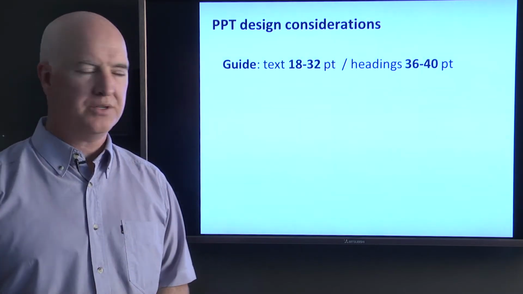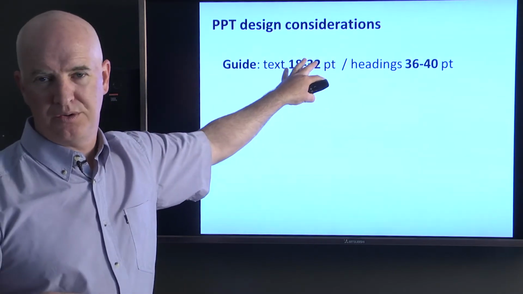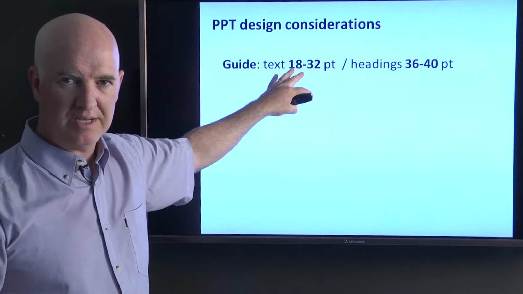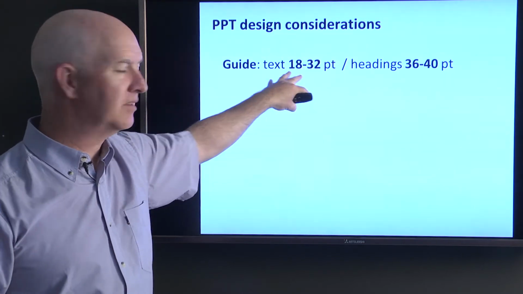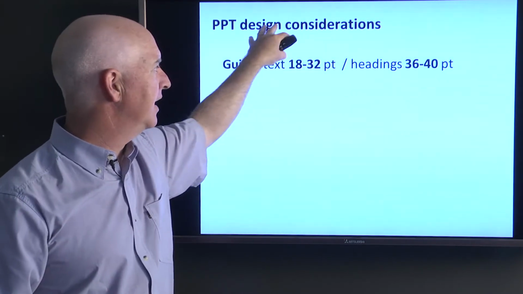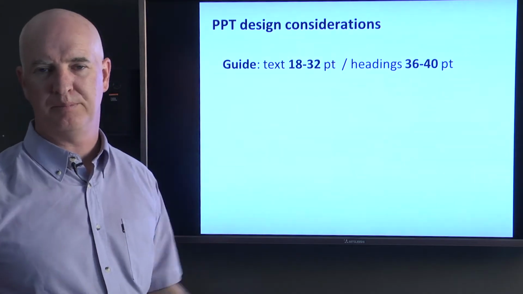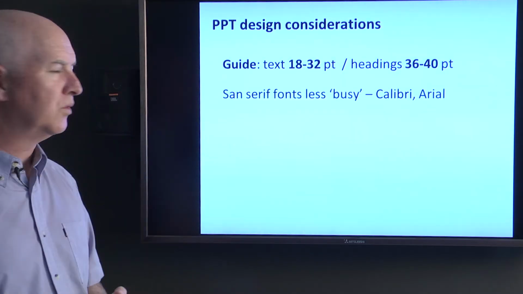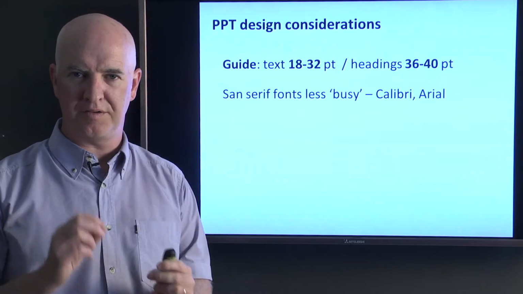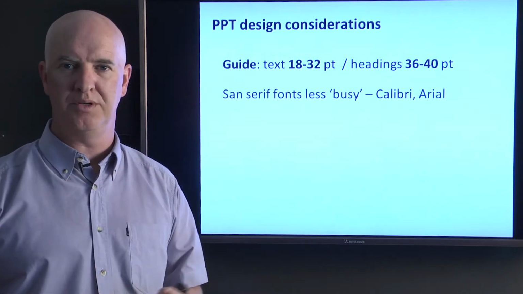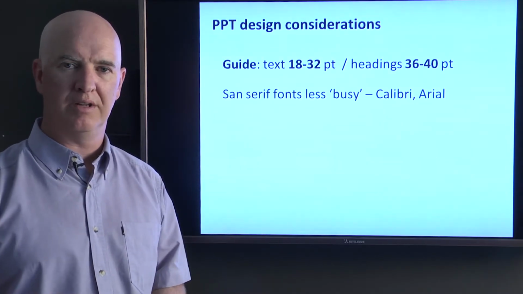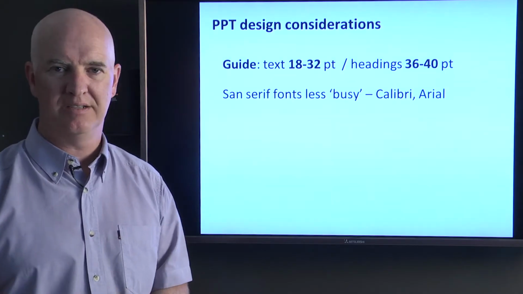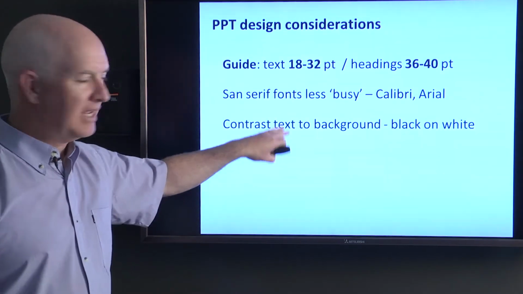Some other considerations, 18 to 32 point text generally for this size here, for this in-text font here, and for the headings, 36 to 40 point print. Tend towards sans serif fonts. They're the fonts without the little hook bit, like Times New Roman. So go for things like Arial and Calibri. They're a bit easier to read. Contrast text to background.